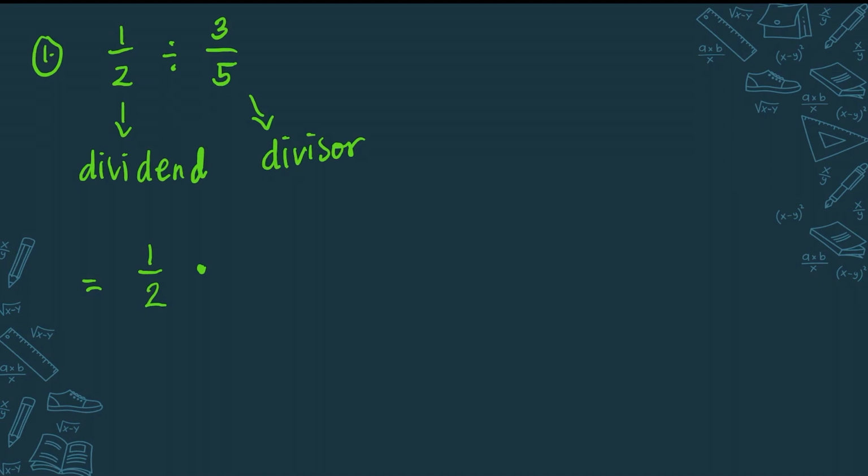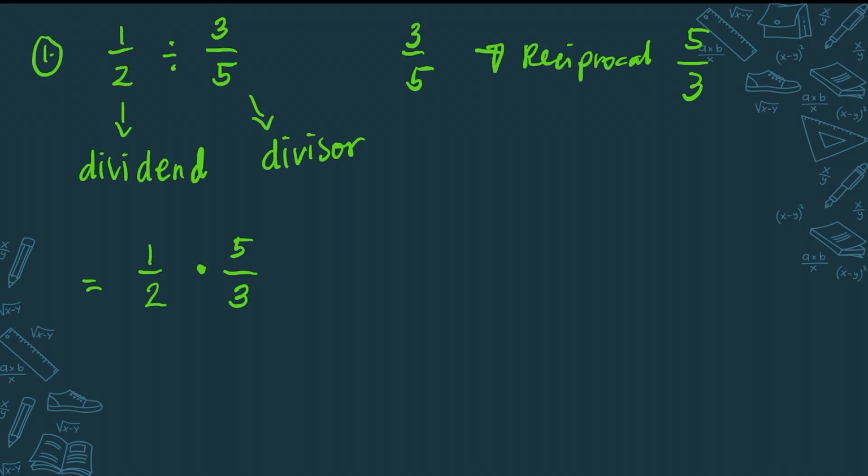Our technique is we just simply interchange the numerator and the denominator. So if you have 3/5, its reciprocal is 5/3. So again, copy the dividend, change the division operation into multiplication, and then get the reciprocal of the divisor.